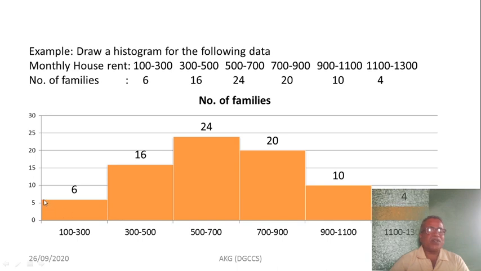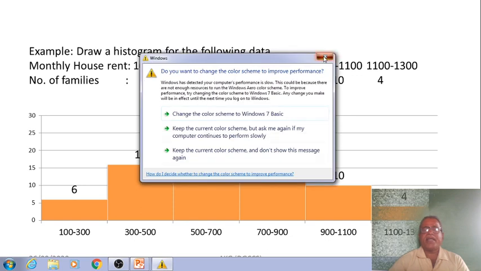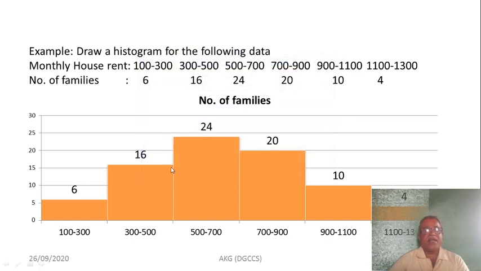So see the value on the y-axis, it is 6, and construct the first rectangle. In the same manner we can draw the second rectangle by taking the width as 300 to 500 and its height is 16. Repeat this procedure up to the last class interval. This presentation of this type of graph is called a histogram.